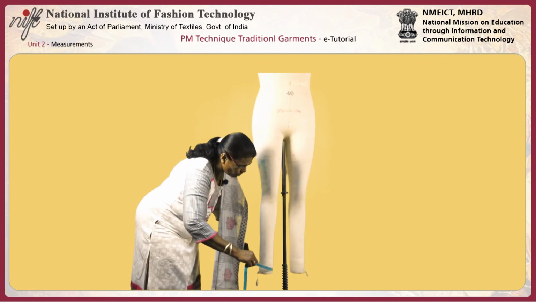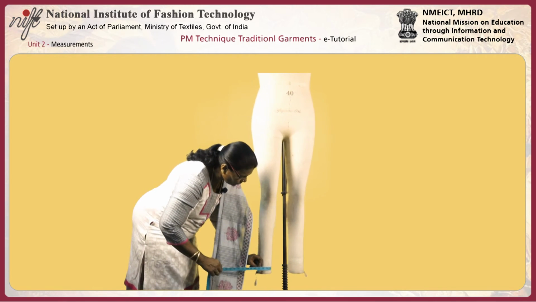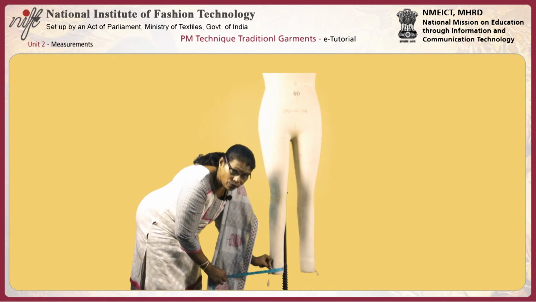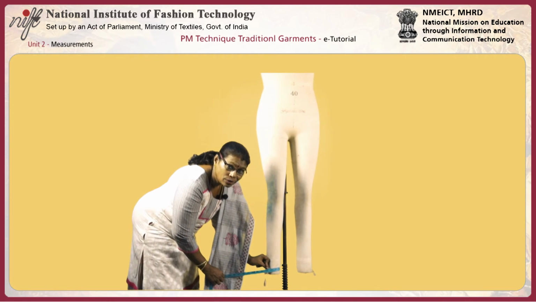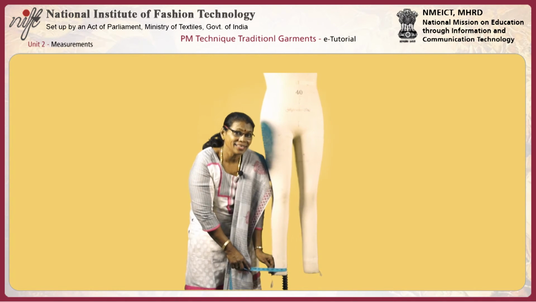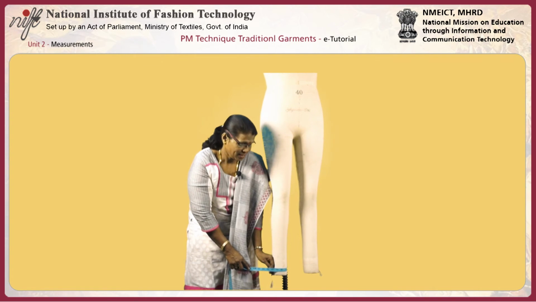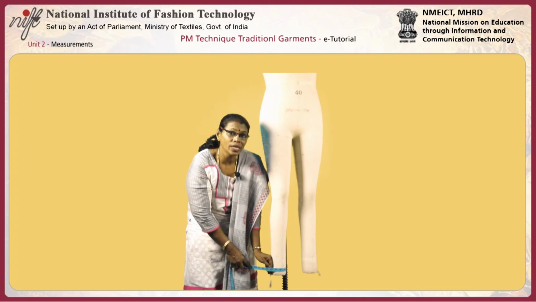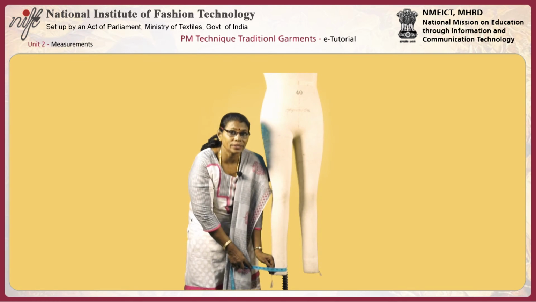And at the ankle bone, take the circumference with one finger ease parallel to the floor. Around the ankle bone with one finger ease is ankle circumference.